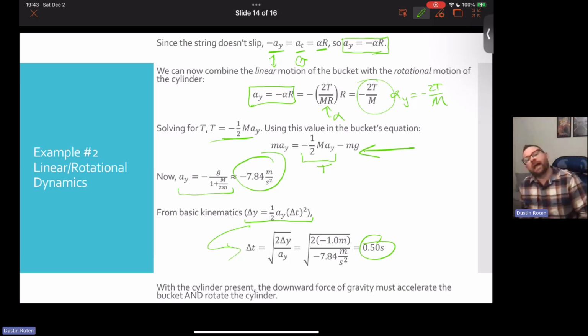And it turns out it takes about 1/2 second for this bucket to fall. So with the cylinder present, the downward force of gravity must accelerate the bucket and rotate the cylinder. That's why the acceleration is not negative 9.8. It's a little bit smaller because it's having to do double duty here.